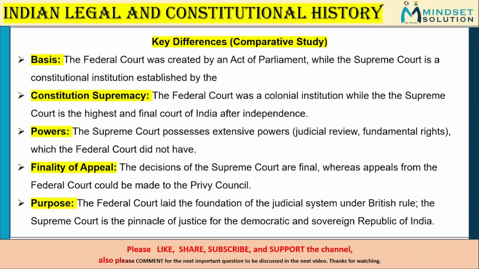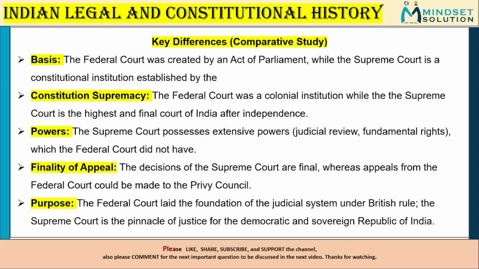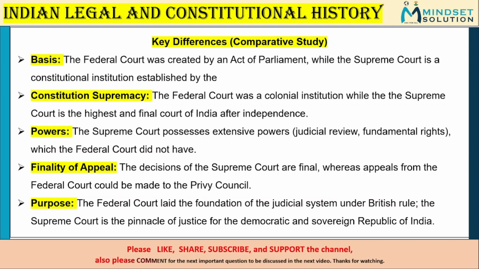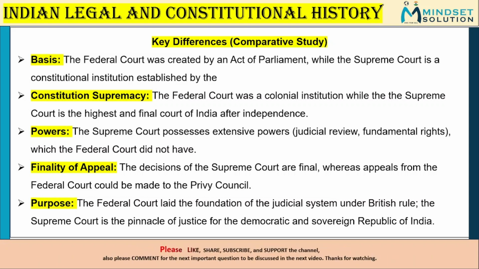Next is power. The Supreme Court possesses extensive powers, judicial review and fundamental rights, which the Federal Court did not have. So the Supreme Court has lots of power according to the Indian Constitution. Next is finality of appeal. The decisions of the Supreme Court are final, whereas appeals from the Federal Court could be made to the Privy Council.